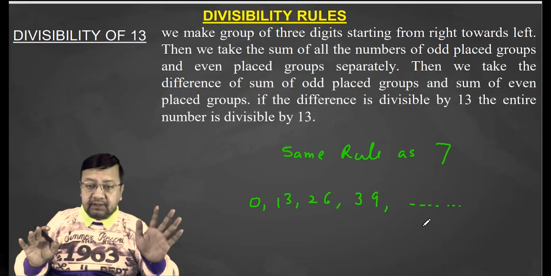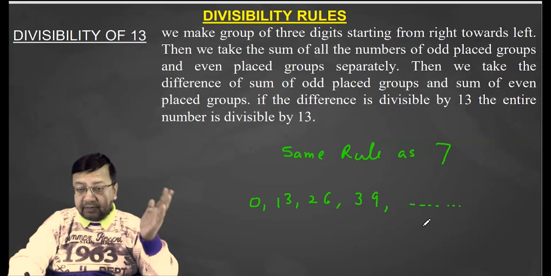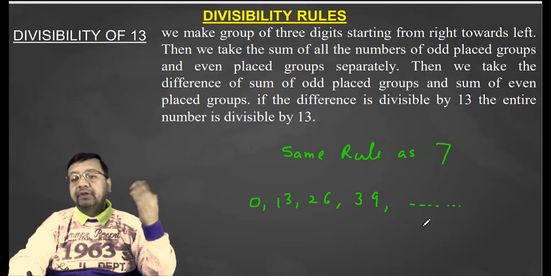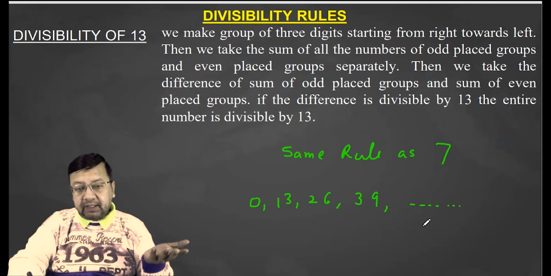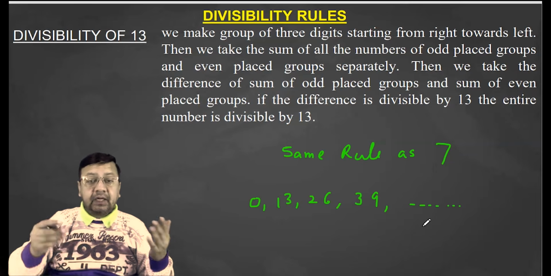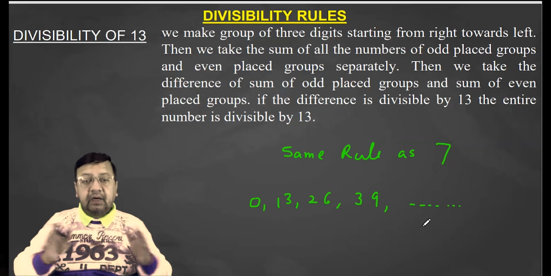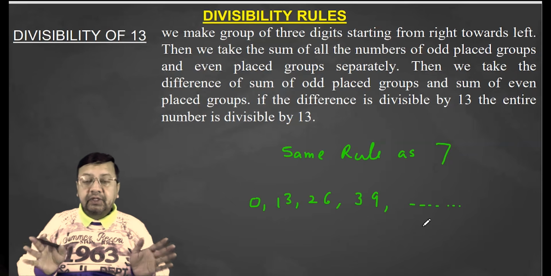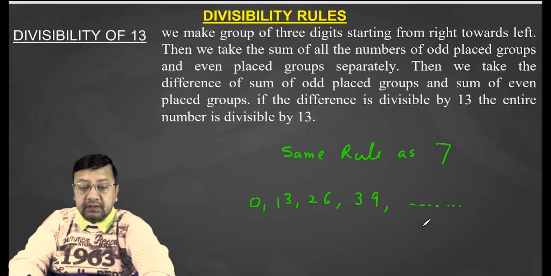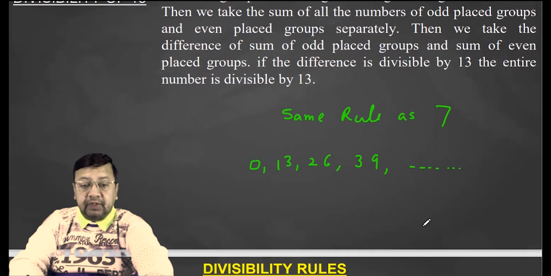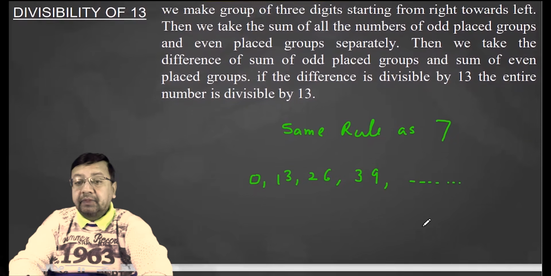Just in the last step, when you're checking the divisibility of 7, now here you will be checking the divisibility of 13. And if you are getting, in the last step, the difference as a multiple of 13, the number will be divisible by 13. Otherwise, the number is not divisible by 13. So these are some different rules for different numbers.